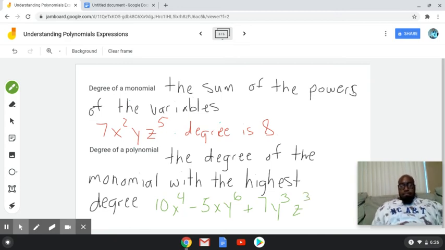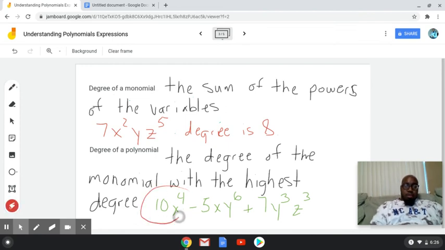Here this monomial has a degree of 4 because you only have one variable, and that variable has an exponent of 4. This monomial has a degree of 7 because the x has a degree of 1 and the y has a power of 6, so 1 plus 6 is 7. And this monomial has a degree of 6 because the y has an exponent of 3 and the z has an exponent of 3 as well, so 3 plus 3 is 6.